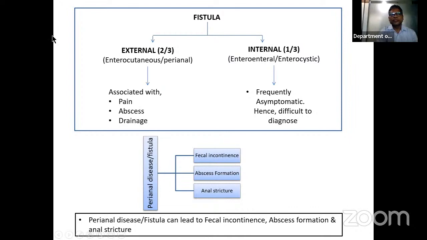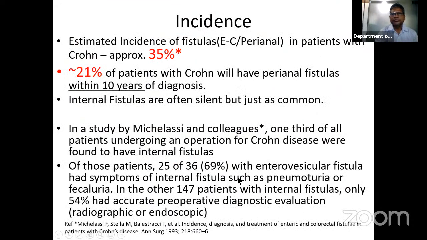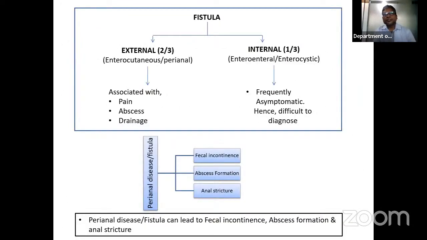Now the fistulas we divide into either external or internal. External comprises two-thirds, while internal is one-third. External ones are either enterocutaneous or perianal, and internal ones are usually enteroenteral or enterovesical.